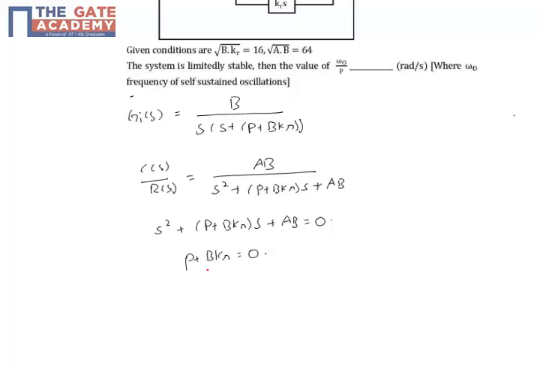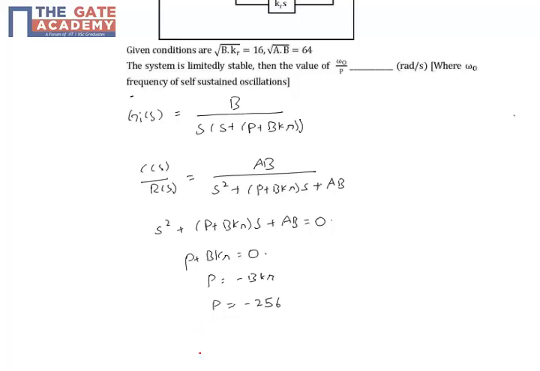So p is equal to minus b Kr, and in the question it is given that root of b into Kr is equal to 16. So b into Kr will be the square of 16, which is 256. So p is equal to minus 256. And we will go to the next part, that is to determine omega naught.